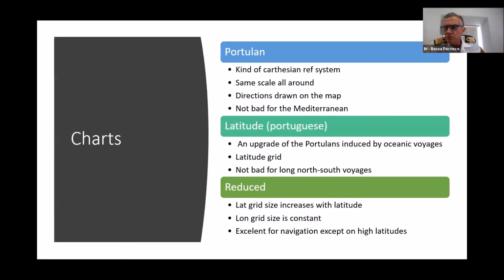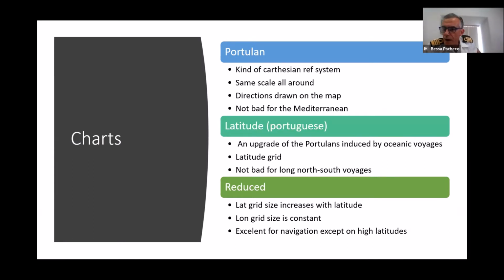So going through those types of charts, the Portolan chart was kind of a Cartesian reference system, because it was mainly based on distances and directions. It uses more or less the same scale all around. Directions are drawn on maps with the roses.